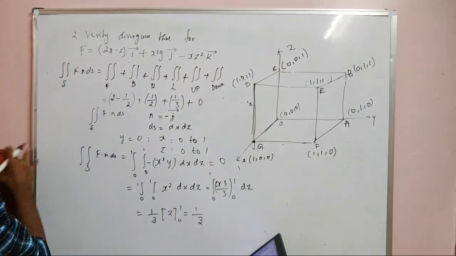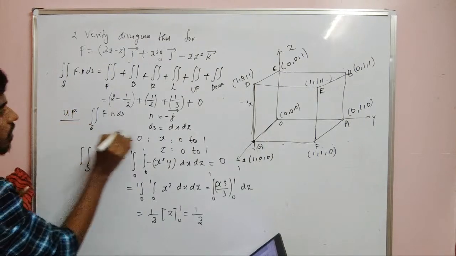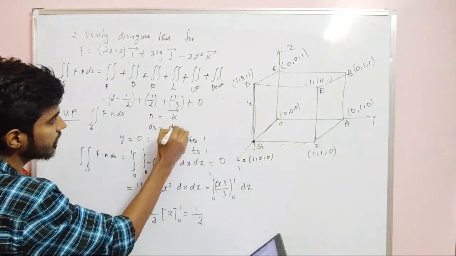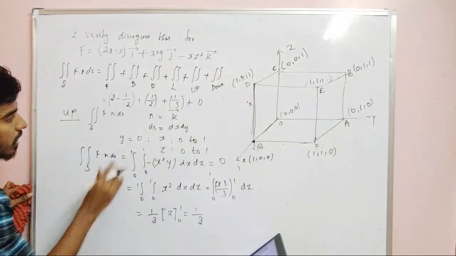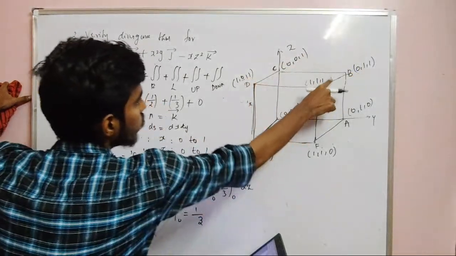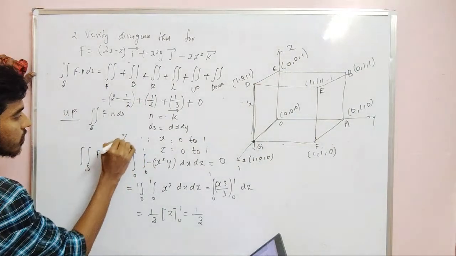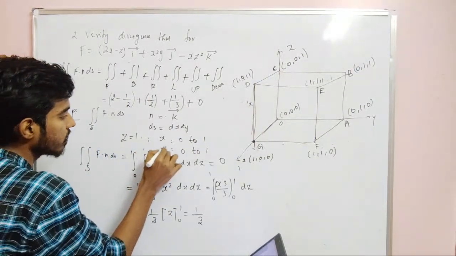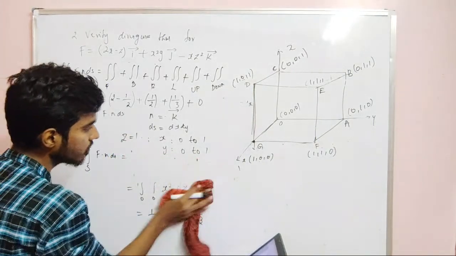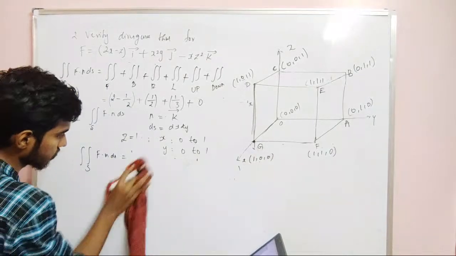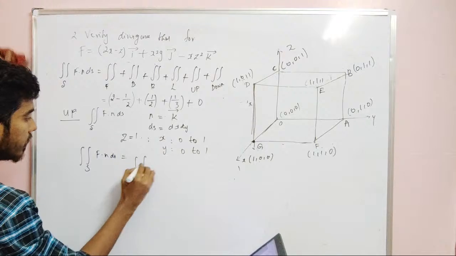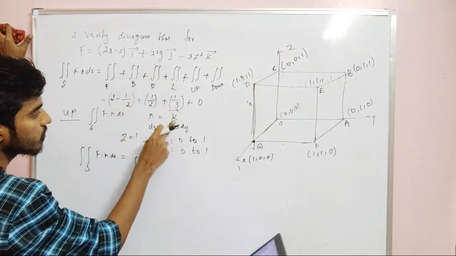For up, our n will be k vector, and our ds will be dx dy, and you can see for up z is 1, and x and y are varying. So our f dot n ds will be integral f dot n, so f with respect to k.